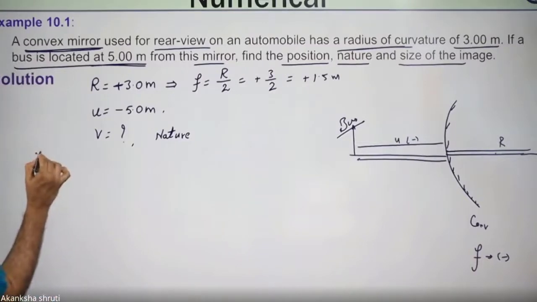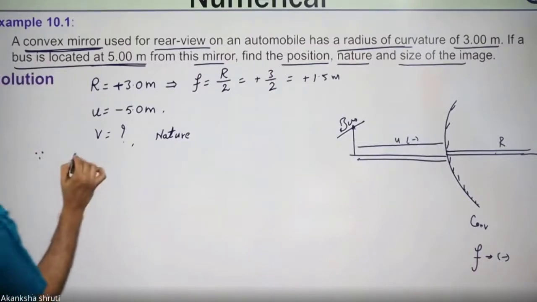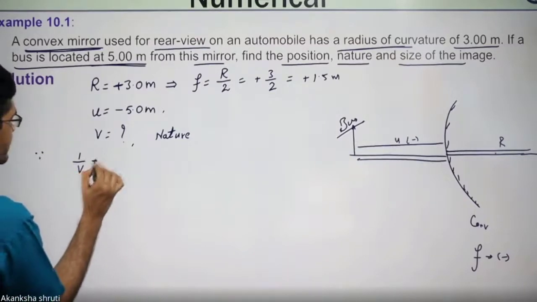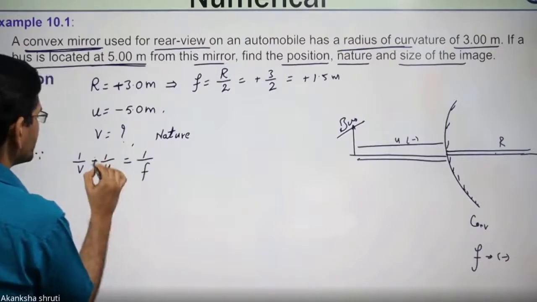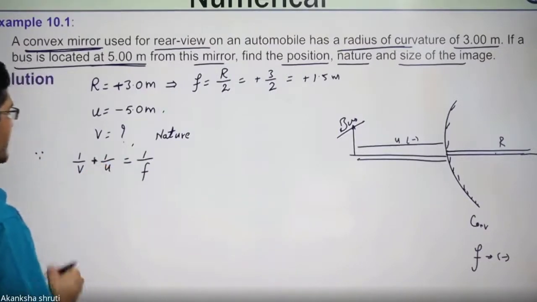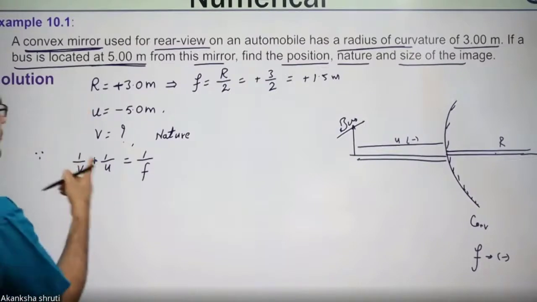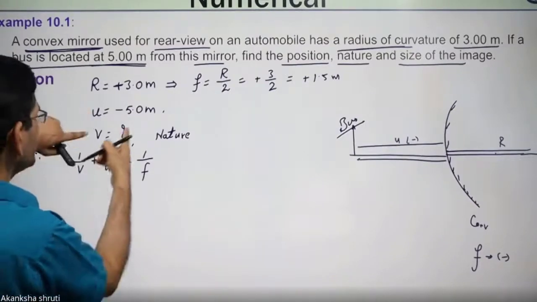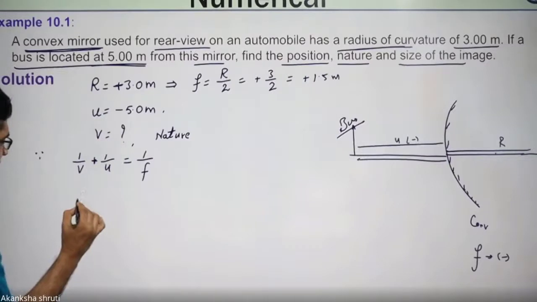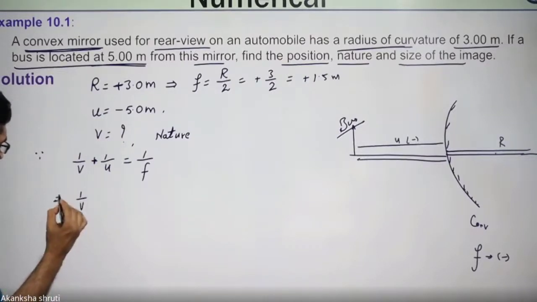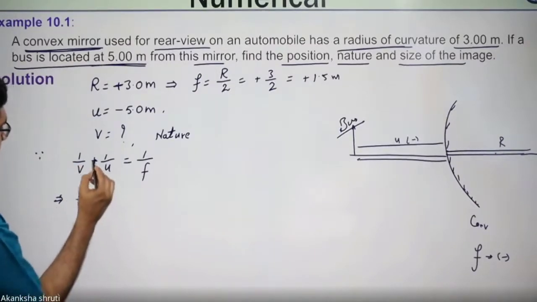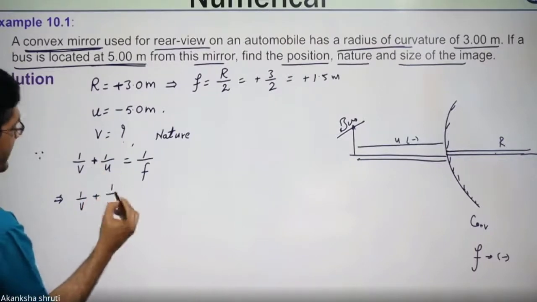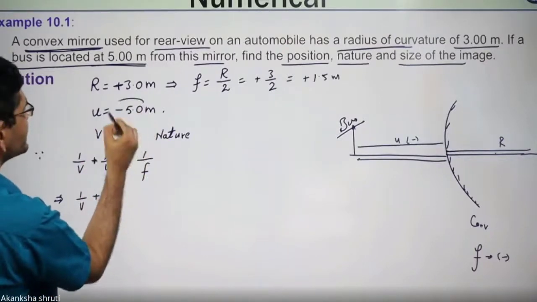So write, 1 by v plus 1 by u is equal to 1 by f. It is the formula that we know. Now we have to substitute the given quantities here. v is to be determined, so just keep this v as it is. Do not associate a positive or negative sign with this v. The default sign is positive, plus 1 by u, but u has to be placed with this negative sign.